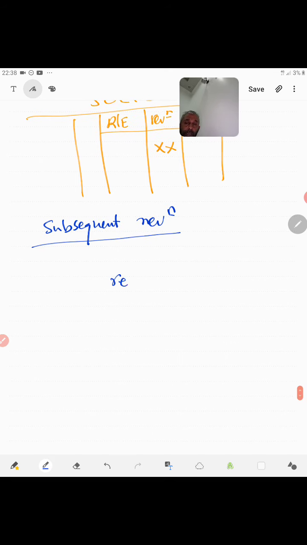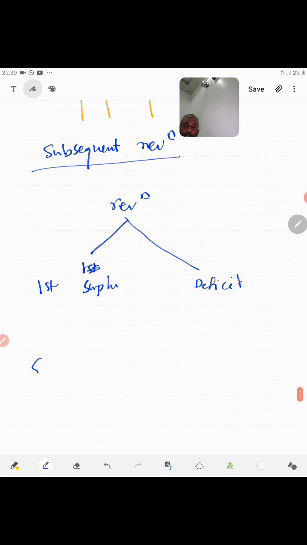Revaluation, first time, surplus or deficit, and subsequent, we may have either surplus or deficit.